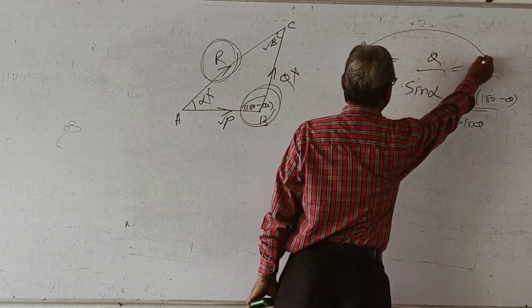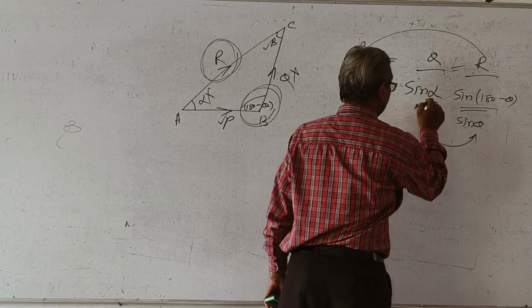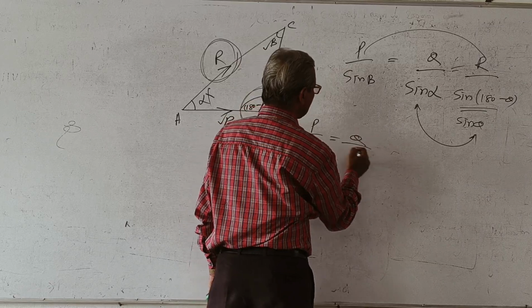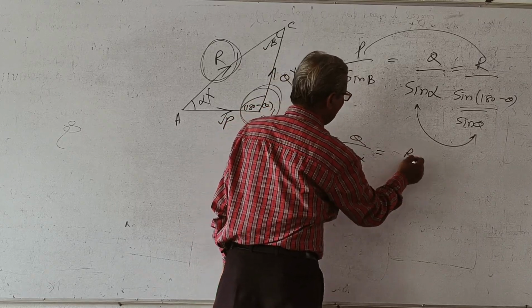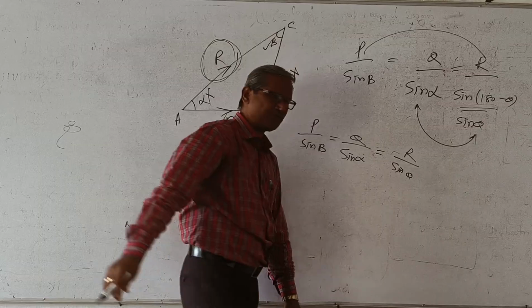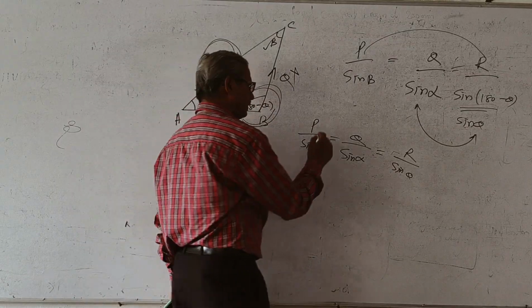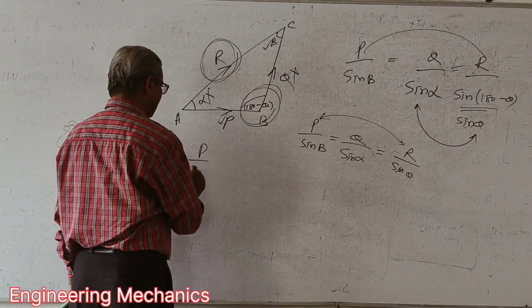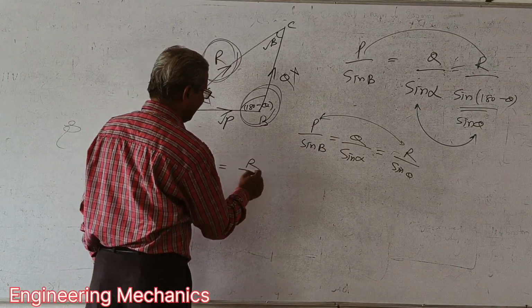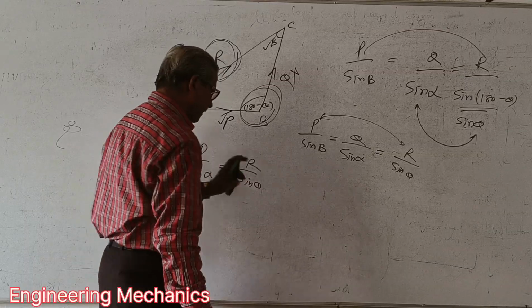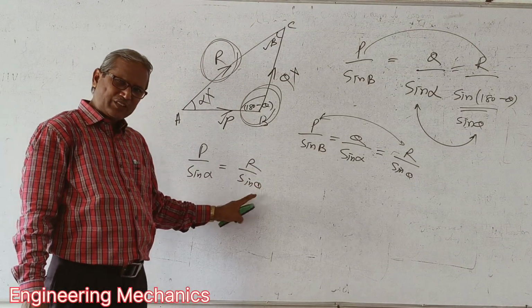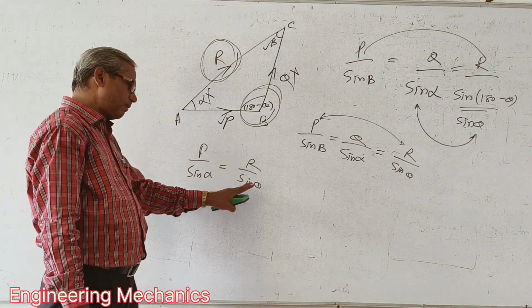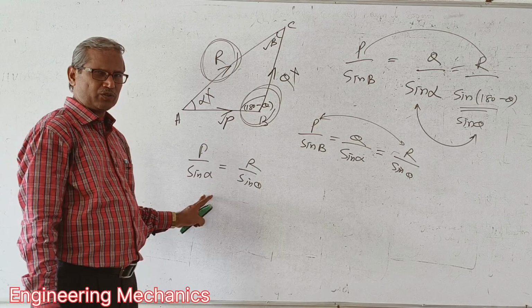Now take these two or take those two. P by sin beta is equal to Q by sin alpha is equal to R by sin theta. If R is known and theta is known, we can find out. If P is known and theta is known, then R and alpha can be found.